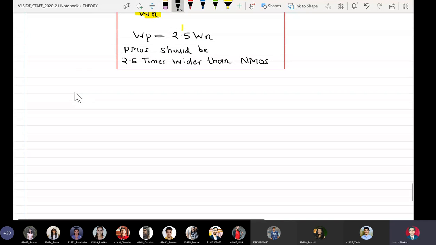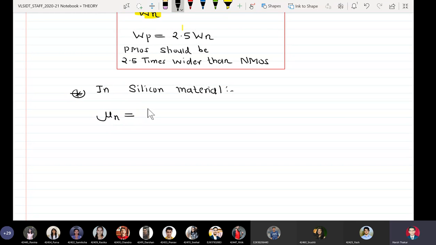So if you ask Google or go to Wikipedia, then we know that in silicon material, the mobility of electrons is found to be 650 centimeter square per volt second, and the mobility of holes is 270 centimeter square per volt second.